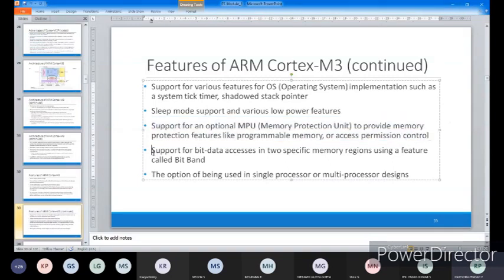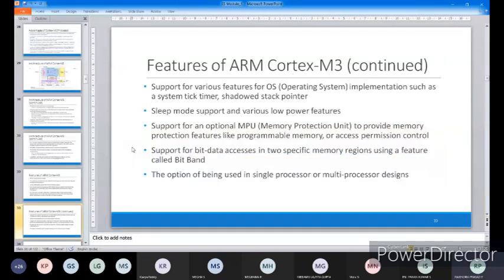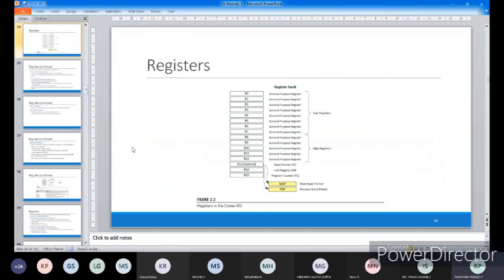It supports bit data access in two specific memory regions using a feature called bit band. So you can have a bit band specifically stored for those operations. The option of being used in a single processor or multi-processor design. These are the features of an ARM Cortex.